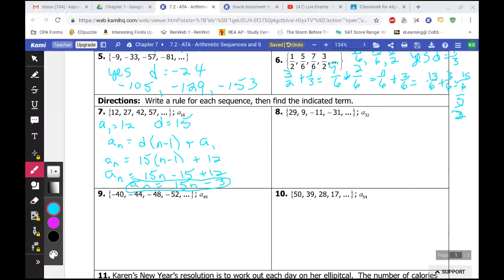And then in order to find A sub 18, what we would do is write A sub 18 equals 15 times 18 minus 3. And that equals 267. Because 15 times 18 is 270.